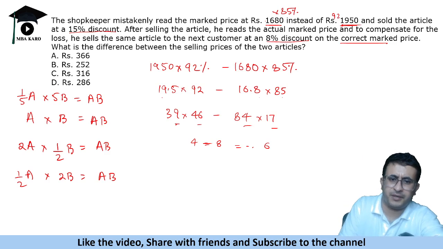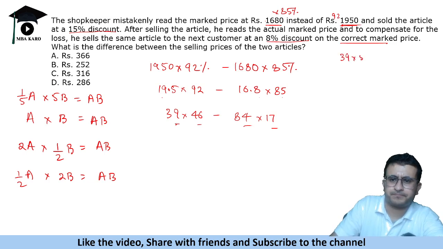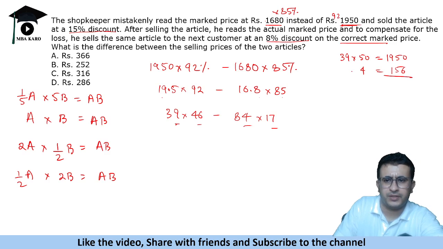Like for example यहाँ पे आप 19.5 into 92 सोच रहे होते हैं, ठीक है. Now immediately think of this, that last digit is not working, so probably we will have to find the answer. Now 39 into 46 is 39 into 50 is 1950, minus 39 into 4 which is 156.